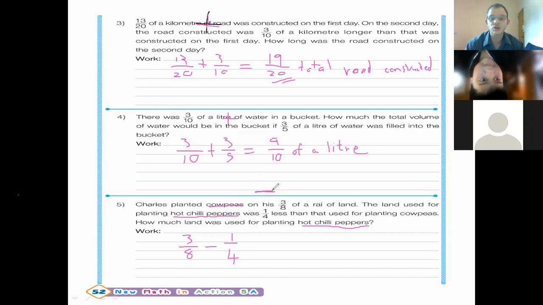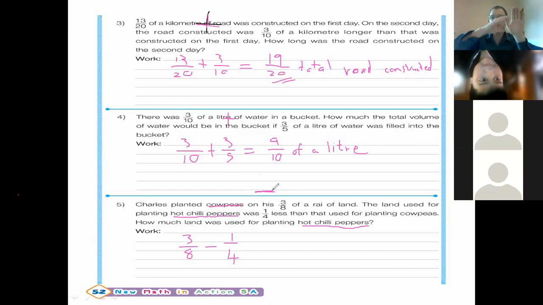The reason why we use subtraction here is because we have a piece of land where we planted our cowpeas. But we also have a piece of land where we planted our hot chili peppers. Now these hot chili peppers are planted in a land smaller than the cowpeas. So we have to subtract. This one will equal 1/8.